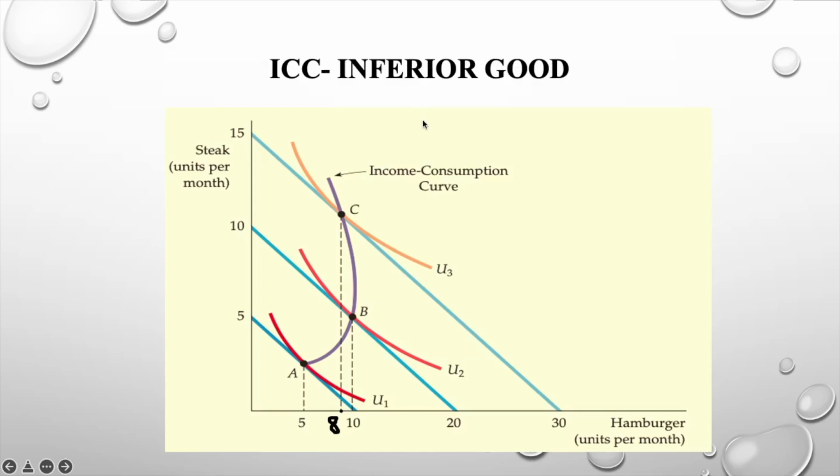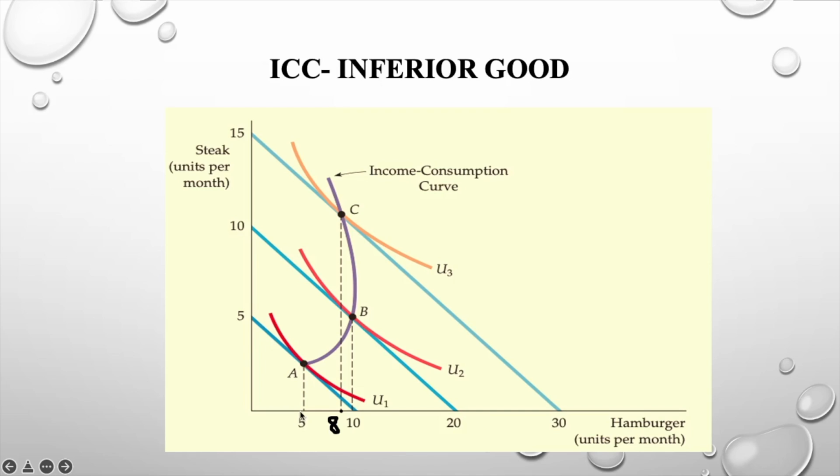Now, let's see another case of an income consumption curve where the consumer consumes two goods, steak and hamburger. Let's take into account the consumption of hamburger here. At the budget line 5-10, the consumer's income is assumed to be $10. The optimal consumption bundle is at point A, and we can see that the consumer consumes 5 units of hamburger.